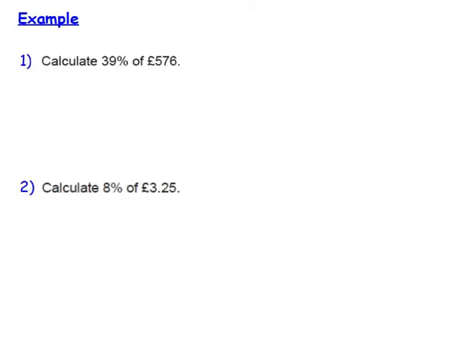So first example, it says calculate 39% of 576. The first thing to realise is this word of. In mathematics, of means times. So the question is 39% of 576.